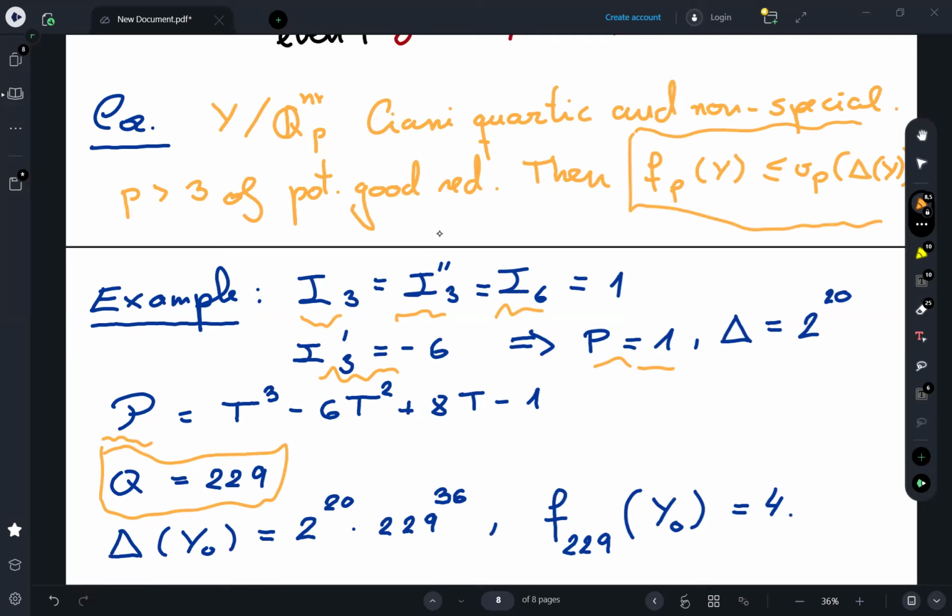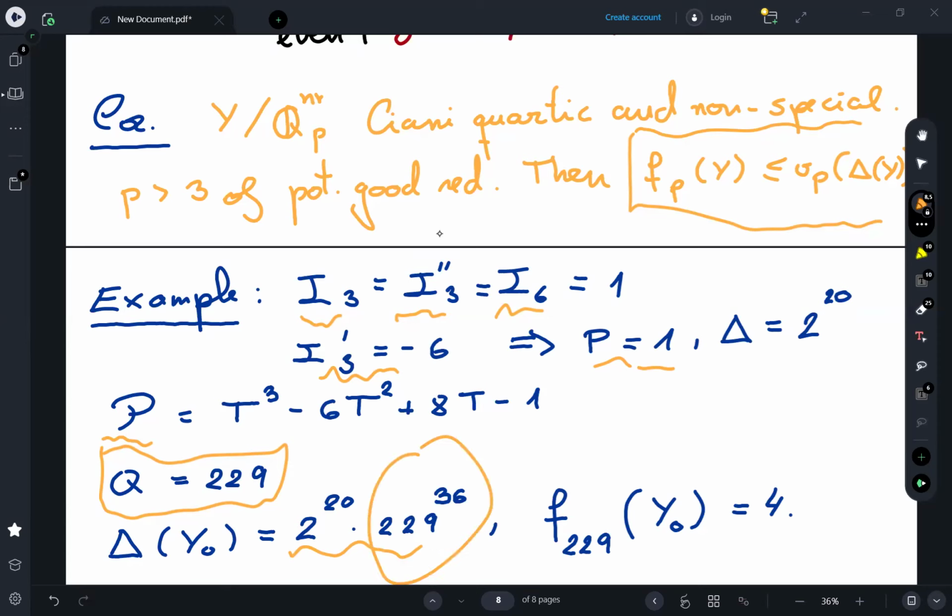So you get this big factor Q. And basically, even if you were trying to get only 2's in the conductor, by only getting 2's in the discriminant, you got this extra big prime, and then for the curve defined over the rationals, having those invariants, you get this ugly discriminant, so much bigger than what you were expecting.